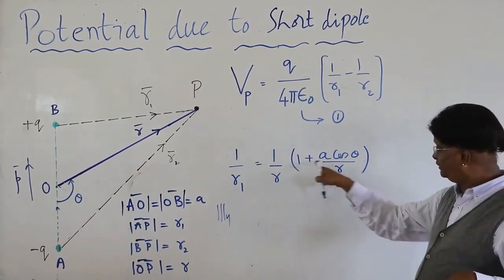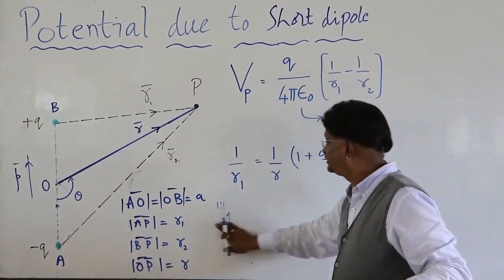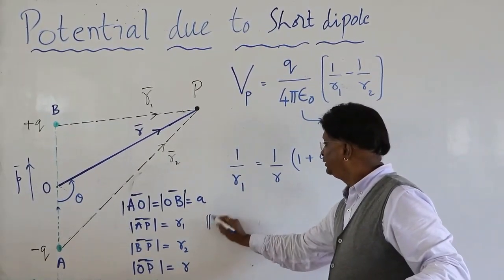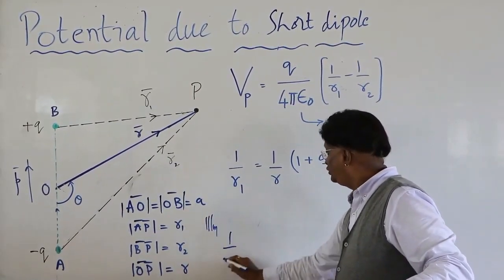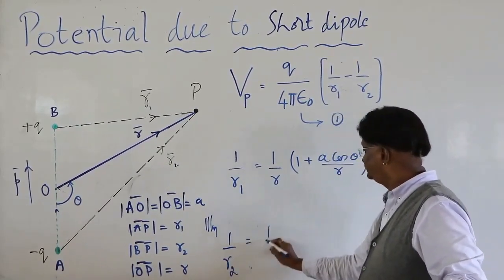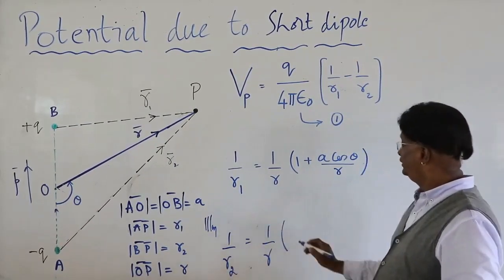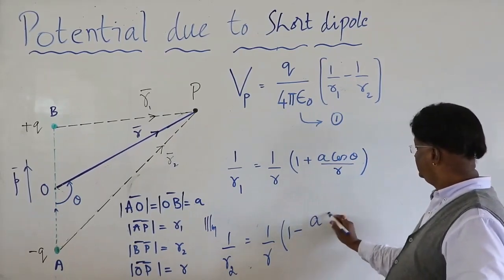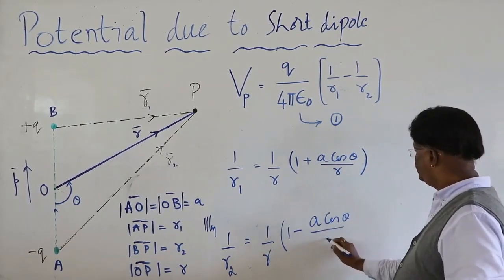Therefore, similarly, 1 upon r2 is 1 by r times 1 minus a cos theta upon r.